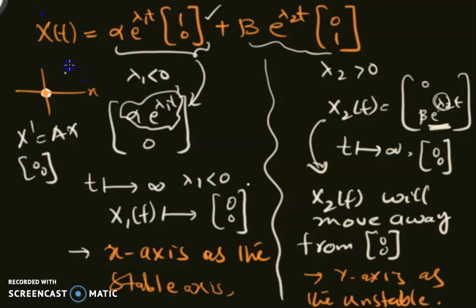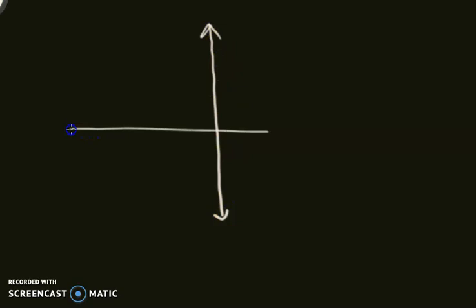So what is the overall behavior? Let's categorize it. Let's draw this behavior overall. So this is my y, this is x, this is x prime, this is y prime. This point over here is 0, 0, the origin.